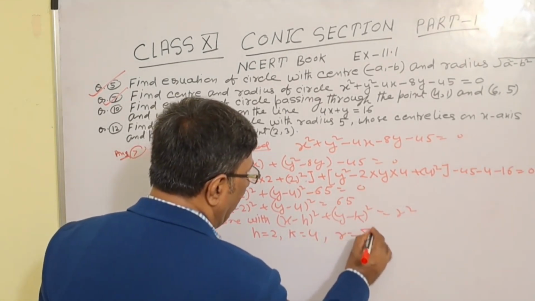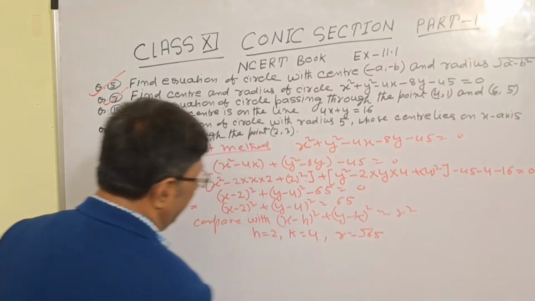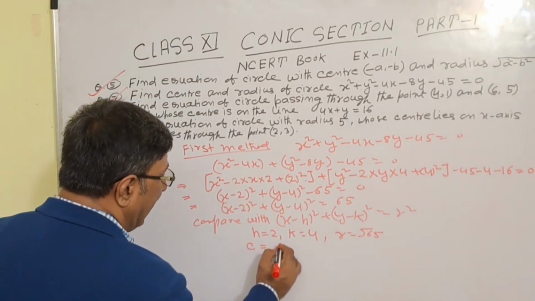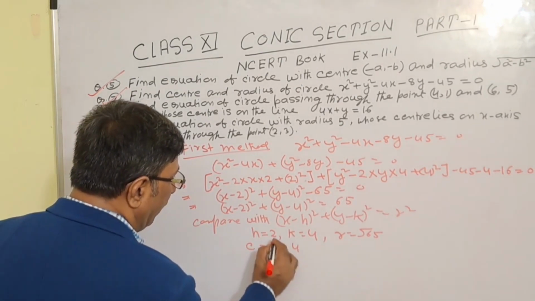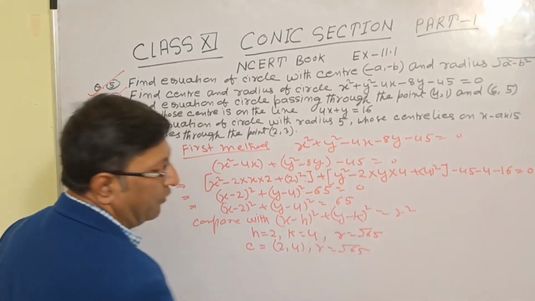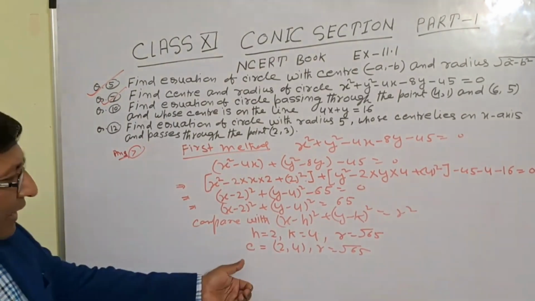So r equal to what? Root under 65. So the center of the required equation will be (h, k), that is (2, 4), and the radius will be what? Root under 65. This is our correct answer.